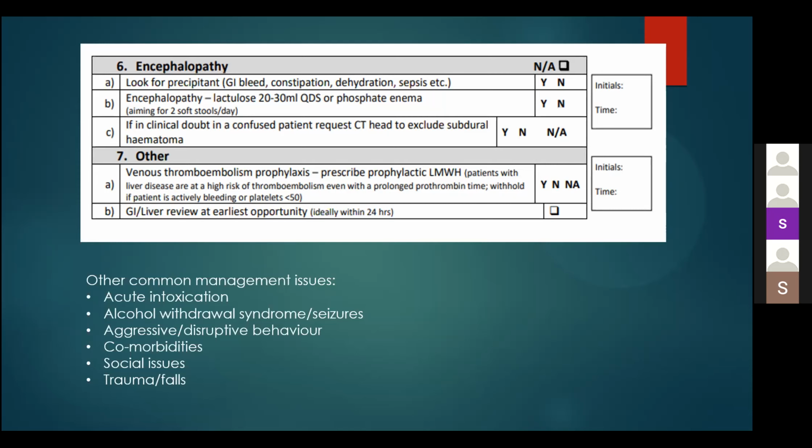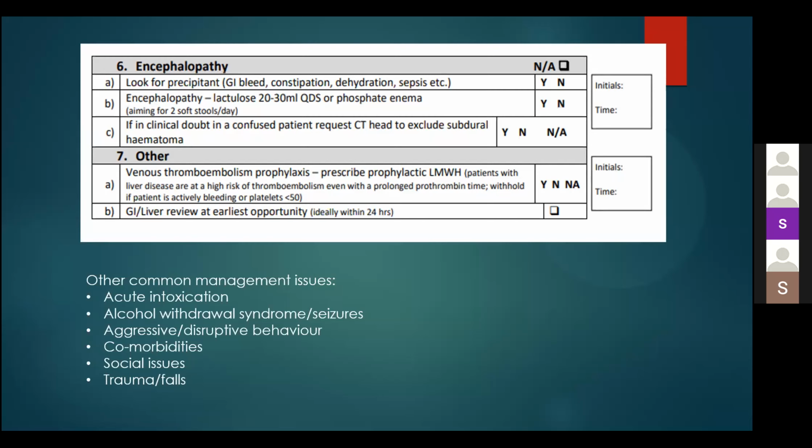They can have very aggressive or disruptive behavior, difficult to manage, high nursing needs. These patients may very likely want to self-discharge, and my advice would be to be very careful about self-discharging any liver patient, especially one who's decompensated, because it'll be very hard to prove that they had capacity when they're at such high risk of having encephalopathy and disordered brain function.